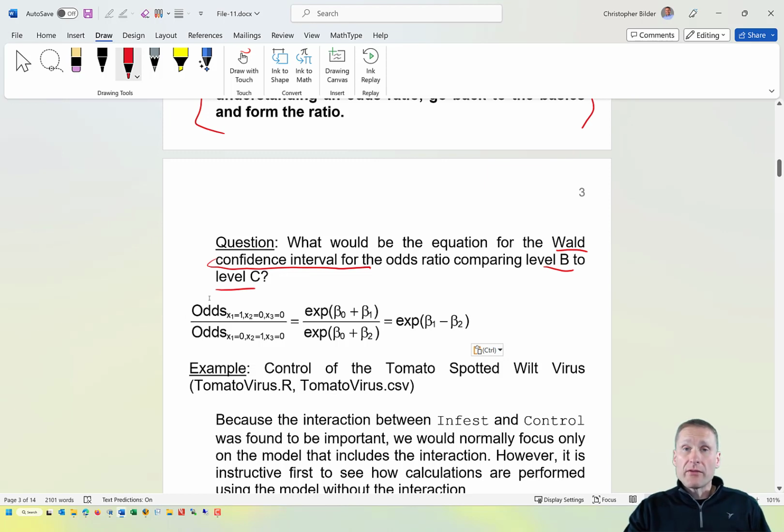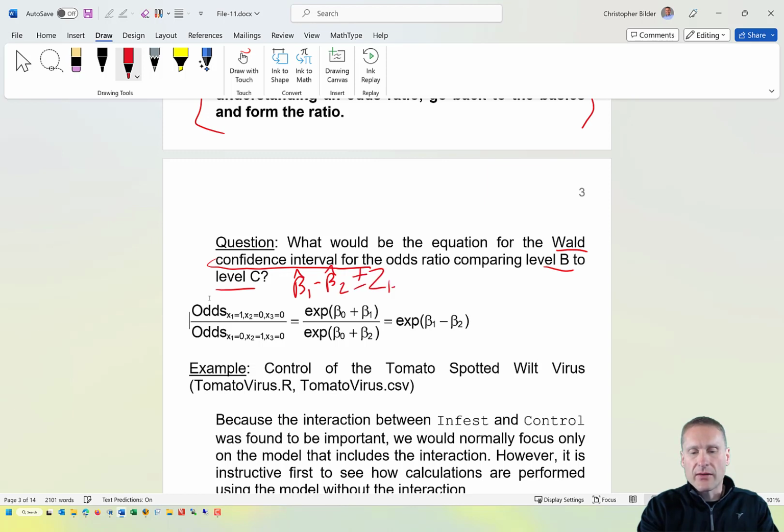Well, similar to what we've done before, we first find the Wald confidence interval for beta 1 minus beta 2. So what one would do is find the estimate beta hat 1 minus beta hat 2 plus or minus the value from the standard normal distribution, that quantile, times the square root then of the estimated variance of beta hat 1 minus beta hat 2. What is this estimated variance?